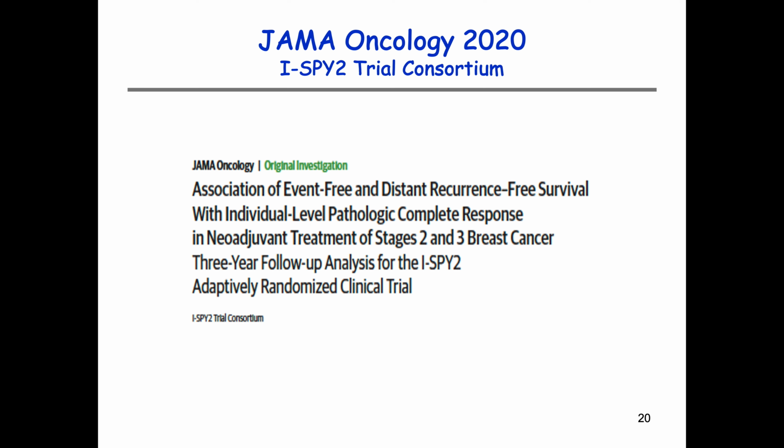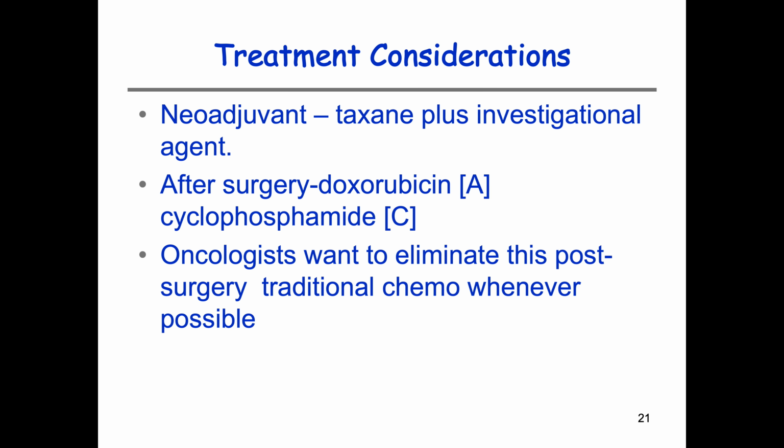Now, in JAMA Oncology in 2020, what is now known as the I-SPY2 Trial Consortium published this paper, again looking at the association of event-free and distant recurrence-free survival with individual pathologic complete response in a group of trials. So the neoadjuvant trials that they considered had a taxane plus an investigational agent.